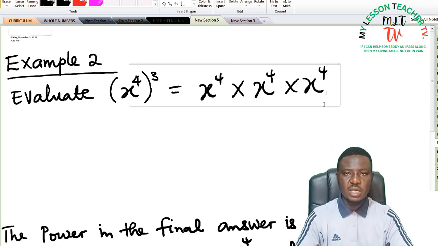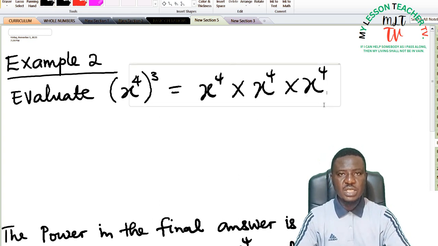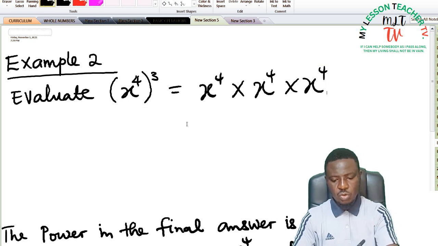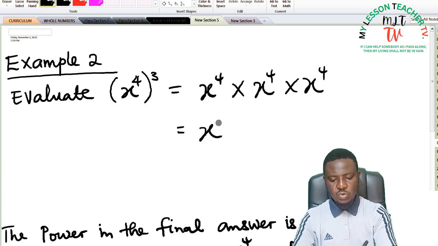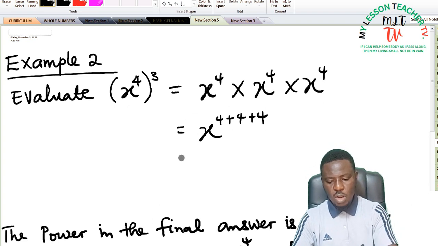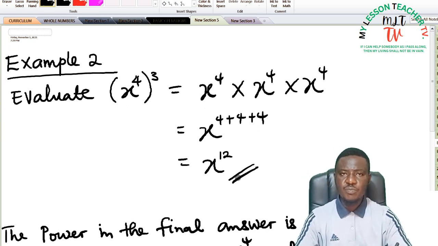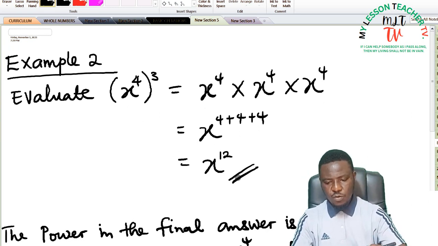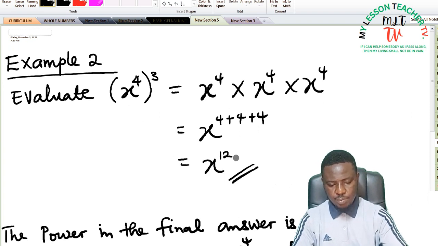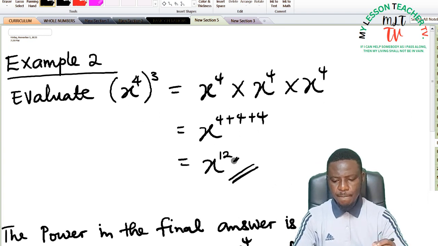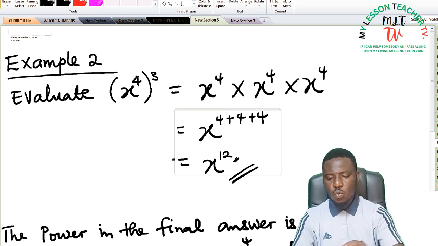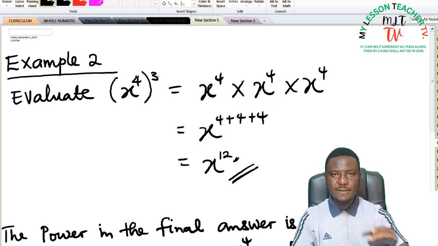This expression can be simplified using the indices law of addition, which is equal to x raised to the power of 4 plus 4 plus 4, which is x raised to the power of 12. So also, if you look at the power in the final answer, it is equivalent to when you multiply 4 times 3.